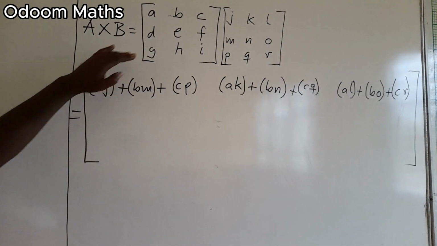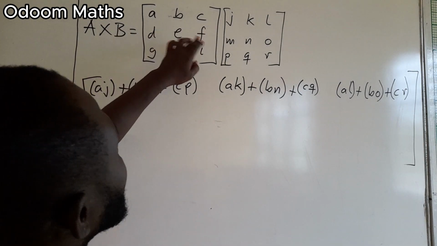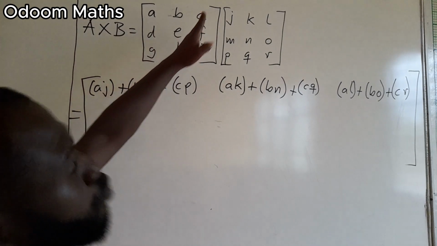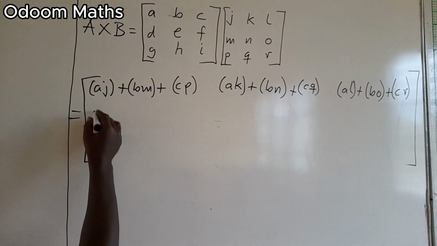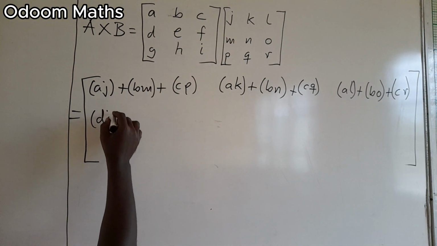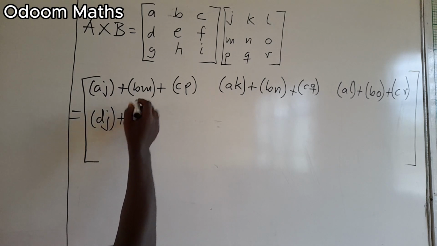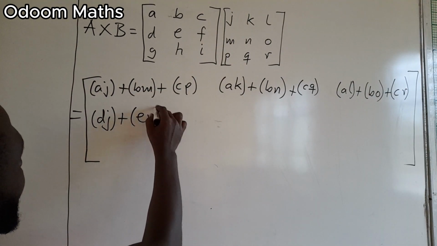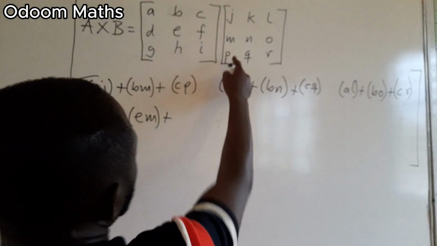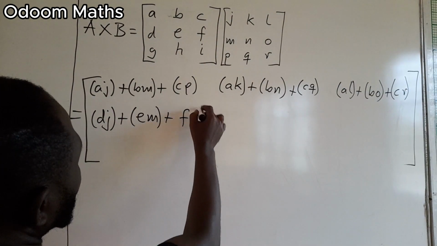We come to the second row of the first matrix to do the same. So this also D times J, so that is DJ, plus E times M, so that is EM, plus F times P, so FP.